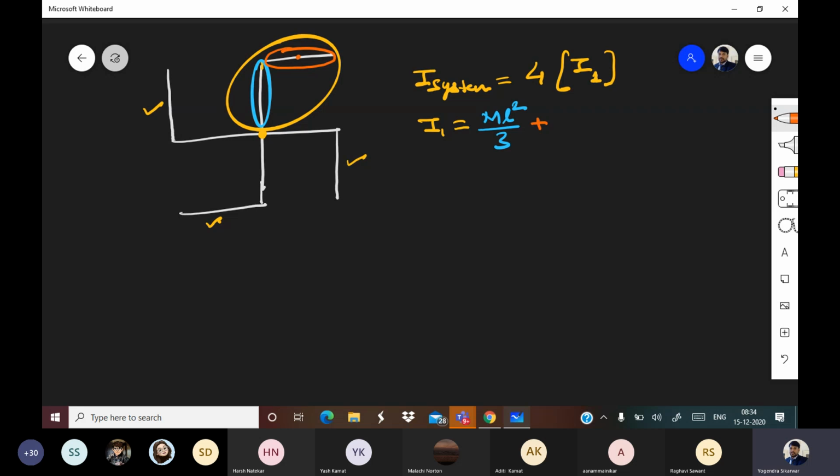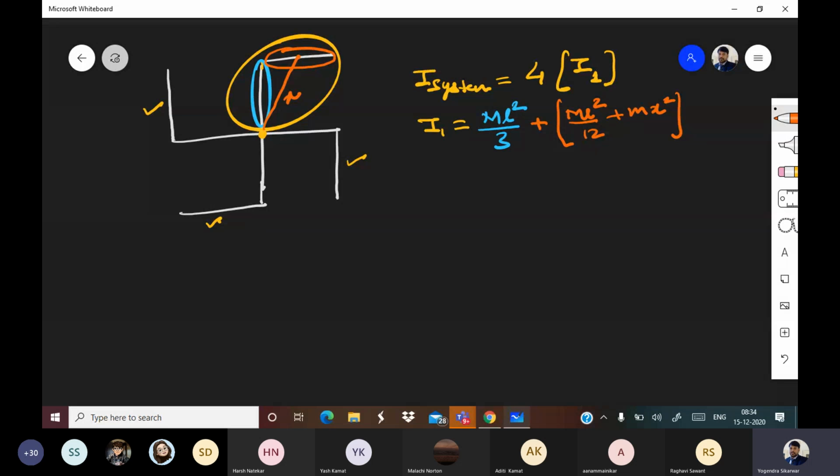About the midpoint, it will be ml square by 12, because that will be the center of mass of that part, plus this distance, m into x square.